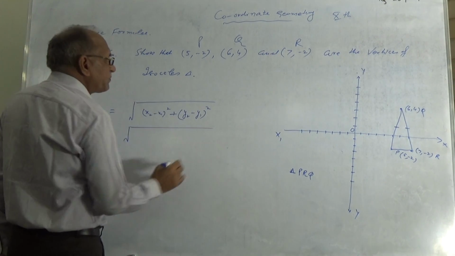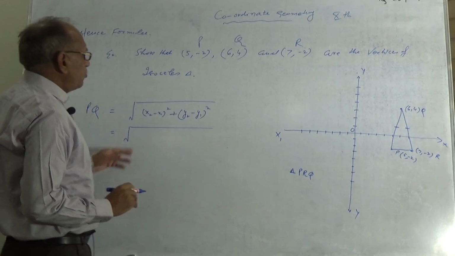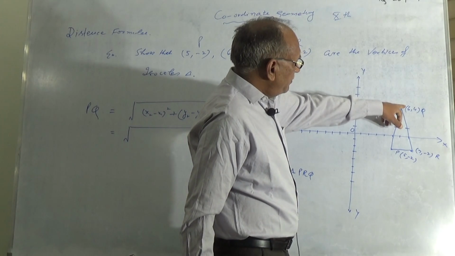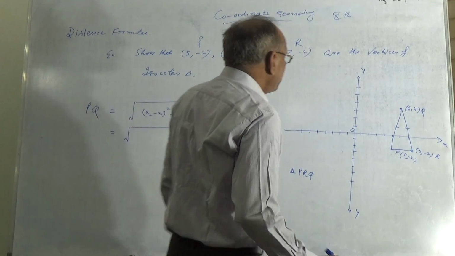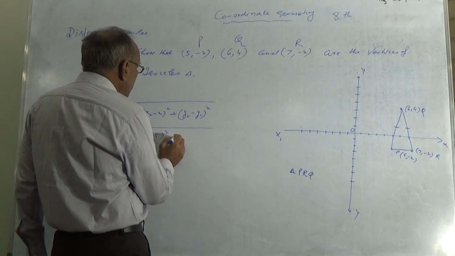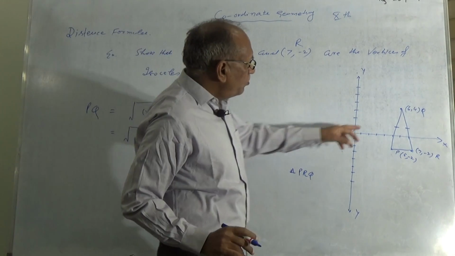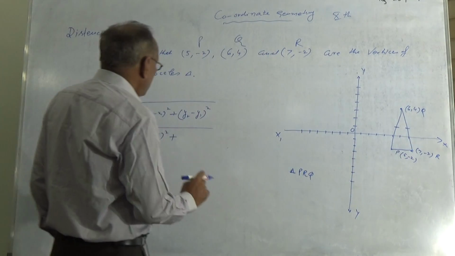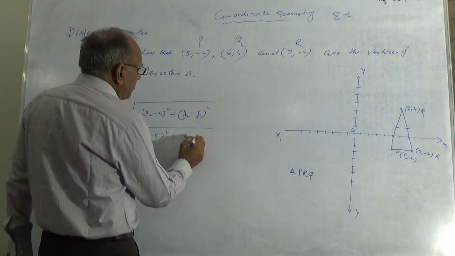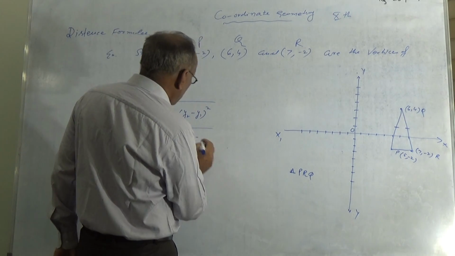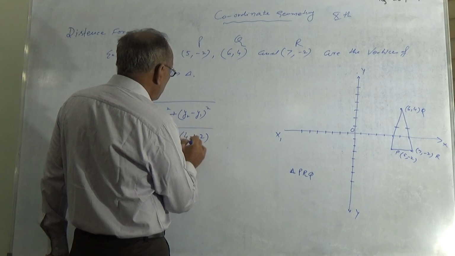Again x2 minus x1, x2 is 6 and x1 is 5. 6 minus 5 square plus y2, this is 4 and this is minus 2. 4 minus minus 2 means plus 2.